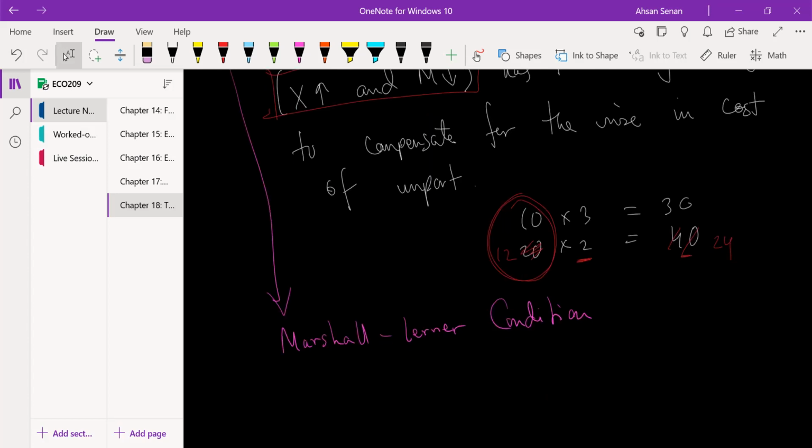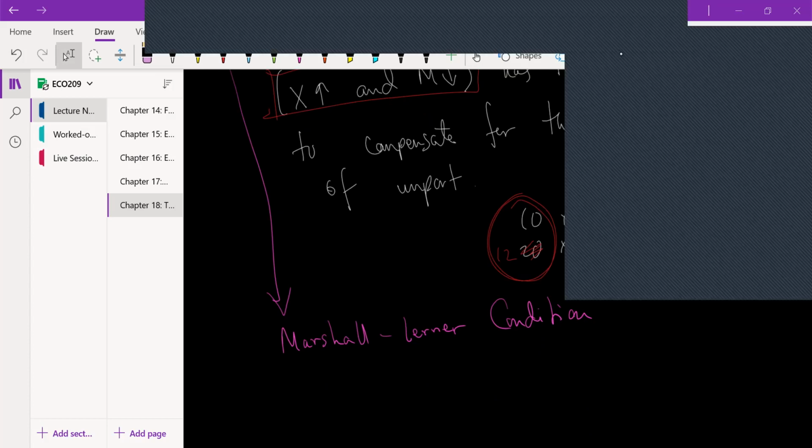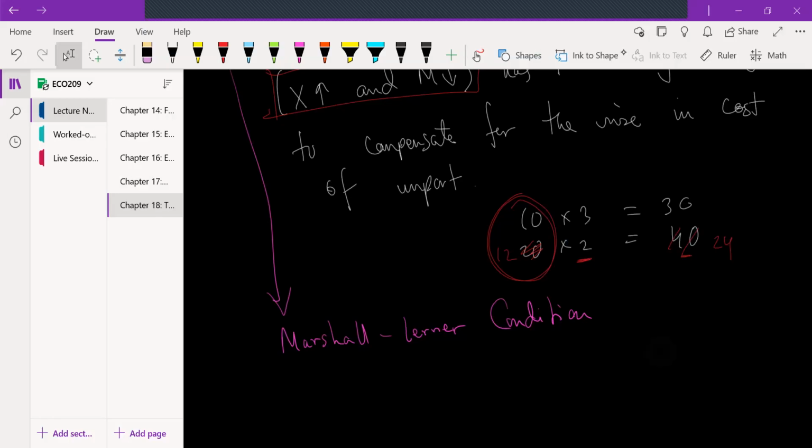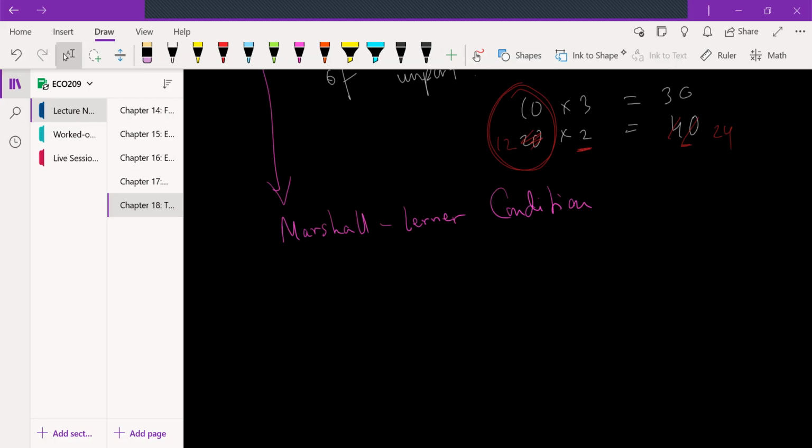And so we call this the Marshall-Lerner condition. However, as with most things macro, there is an additional layer of complication that we need to talk about.